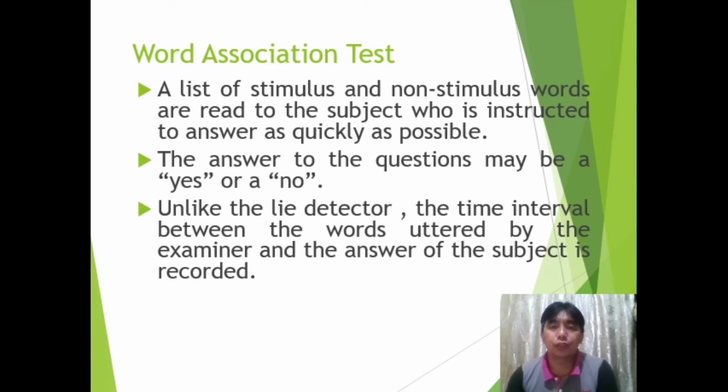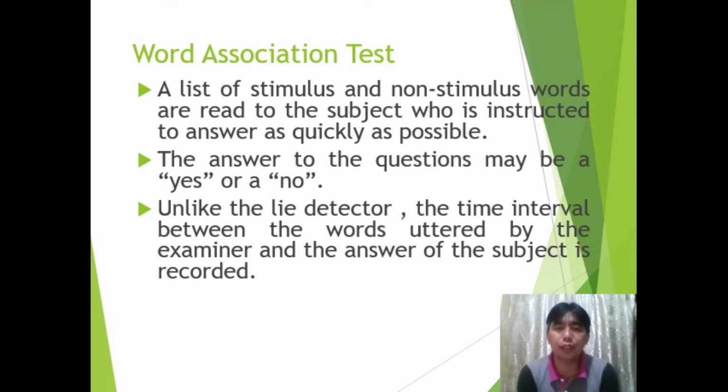So what's the method here? Stimulus and non-stimulus, meaning relevant and non-relevant words will be read to the subject, and the subject will be instructed to answer yes or no as quickly as they can.